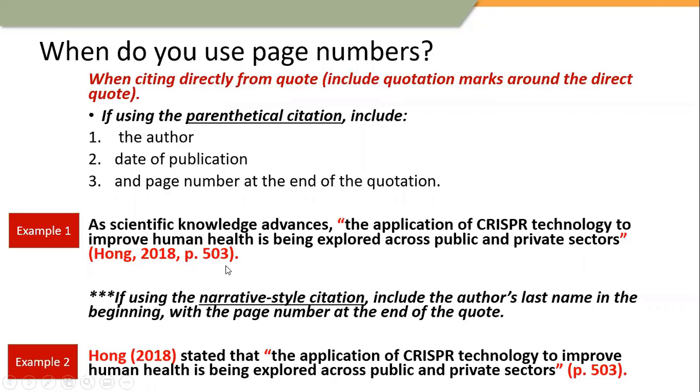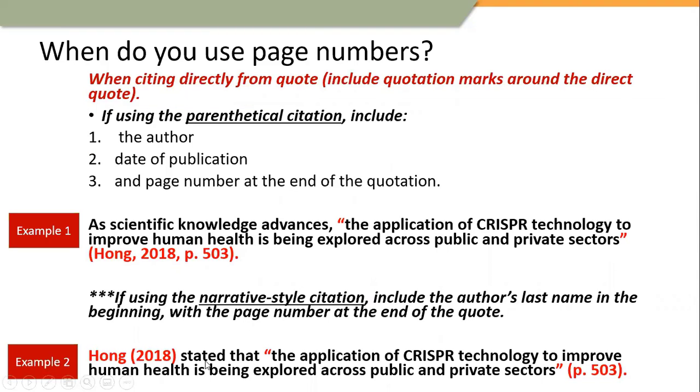This is important because if you don't do this, you could be seen as somebody who's plagiarizing. If you are copying or putting in direct quotes, you must always include a citation that also has a page number.